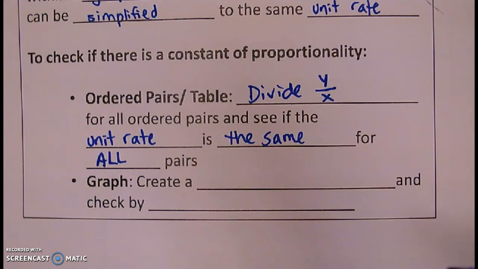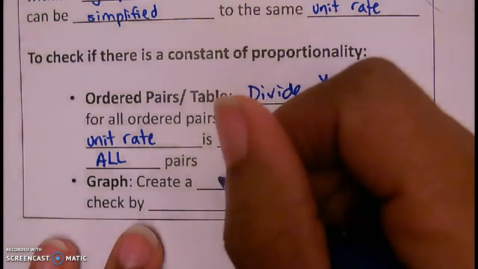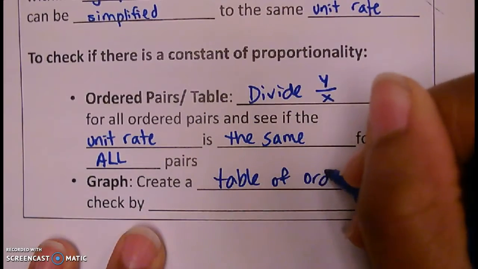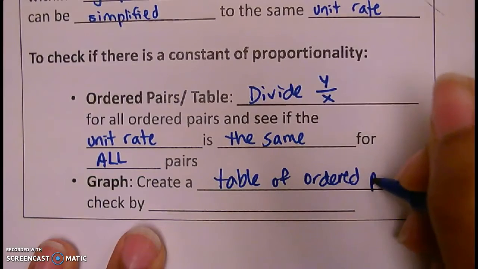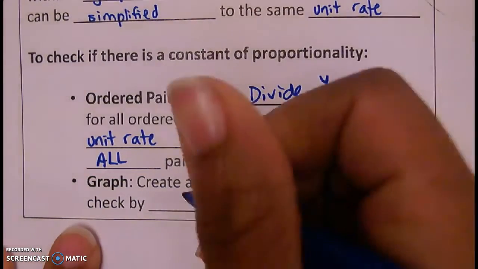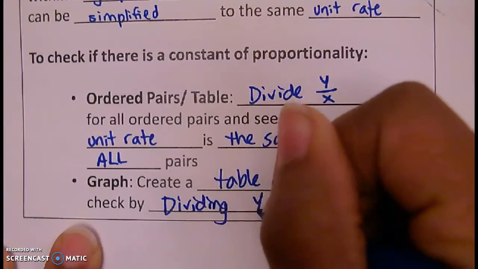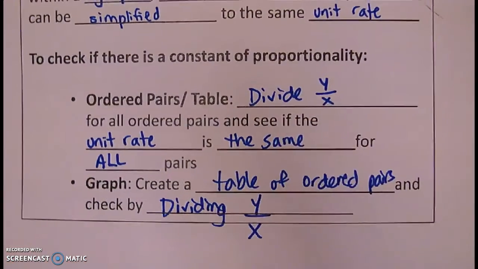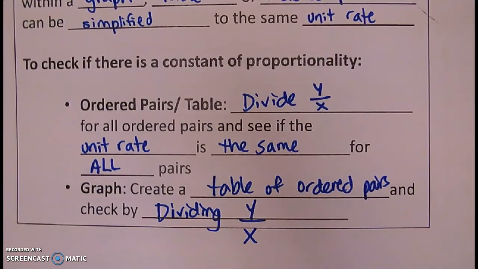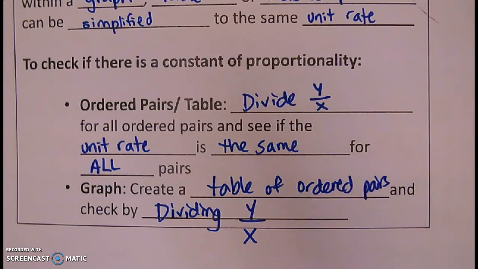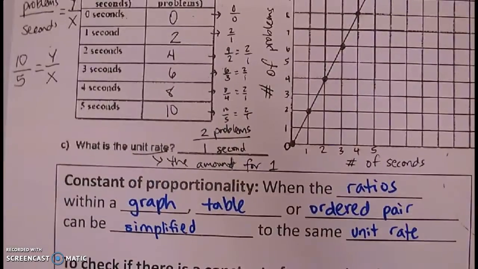With a graph, you can create a table of ordered pairs and check by dividing y over x. Okay? So the key thing to check and see if there's a constant of proportionality is basically divide y over x. Okay?